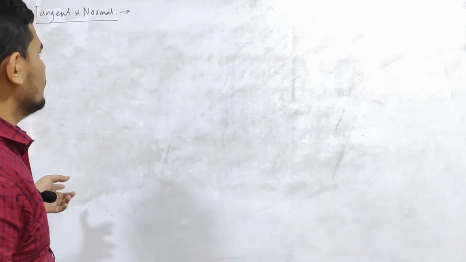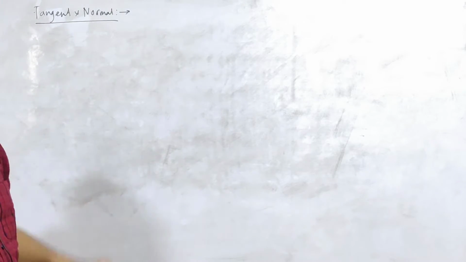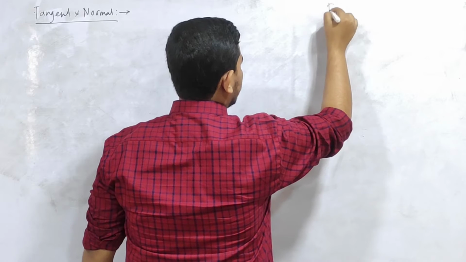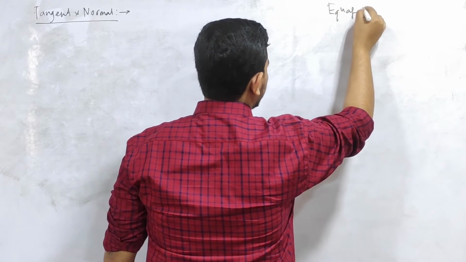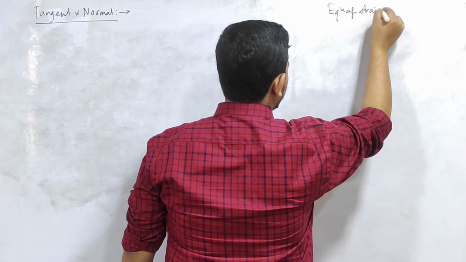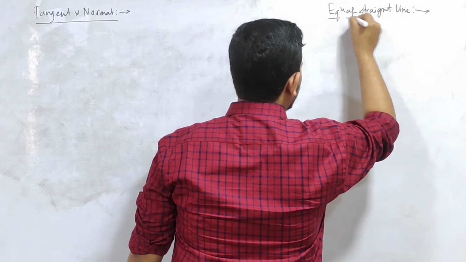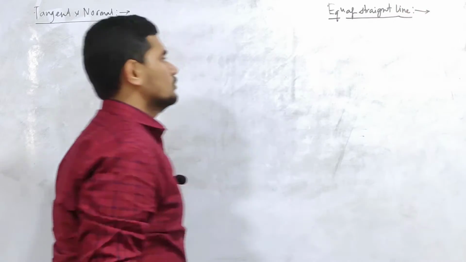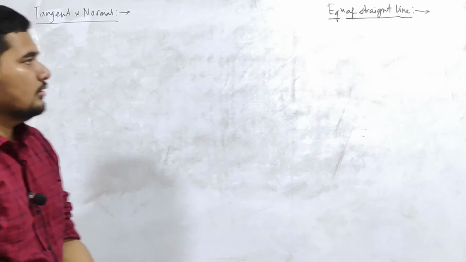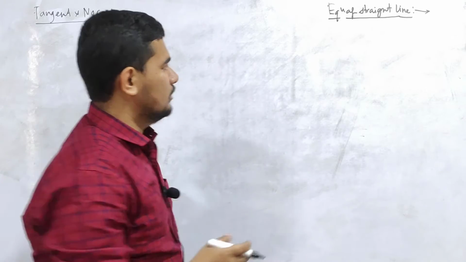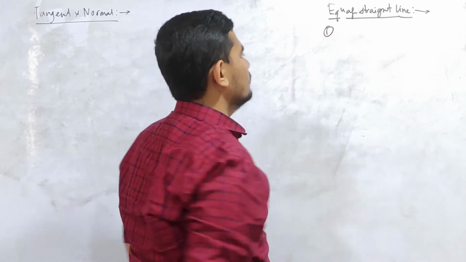So now to find out the tangent and normal at any curve, we need to first know some basic concepts of coordinate geometry, that is the equation of a straight line. To determine the equation of a straight line, the basic funda is that you need to have two things given in your question.